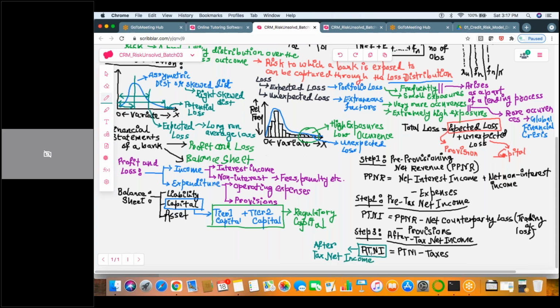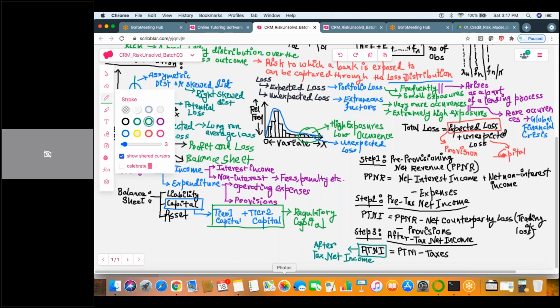Now this after-tax net income is a very important component. Why? Because this after-tax net income is used for a lot of different functions.